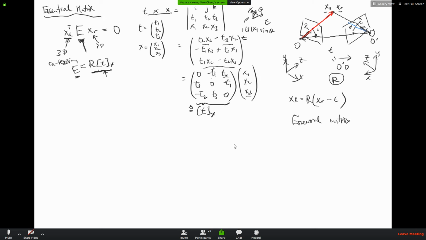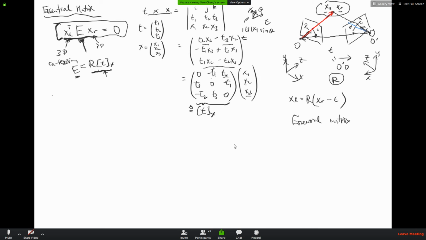We want the essential matrix to have this property, right? Basically, we want to have this property here. Let's consider the same point here, xl and xr, on the left view is xl, right view is xr.